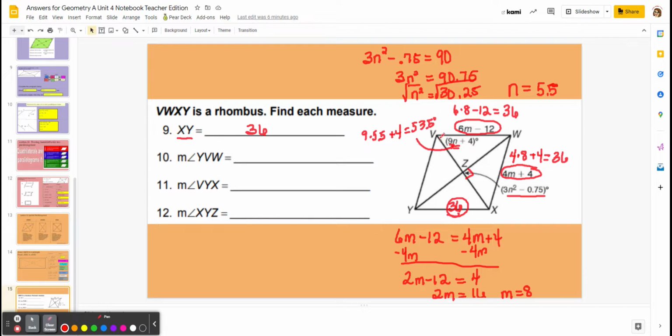And that is just part of the angle. But remember, one of the things we said is that the angles end up being bisected. So if this little red part here is 53.5, that means this has to be 53.5 as well. And if they're both 53.5, then the big angle, YVW, is 53.5 times 2, or 107.